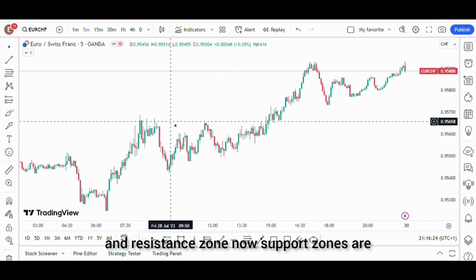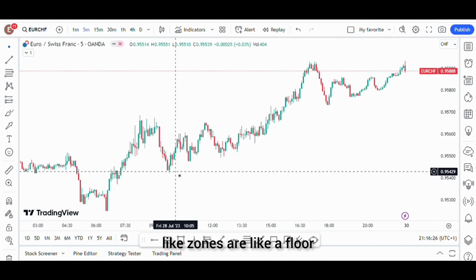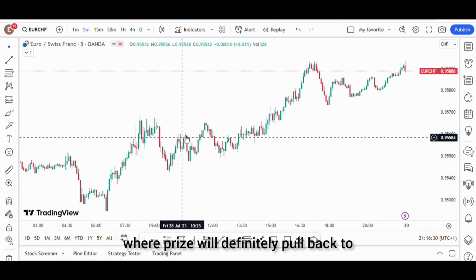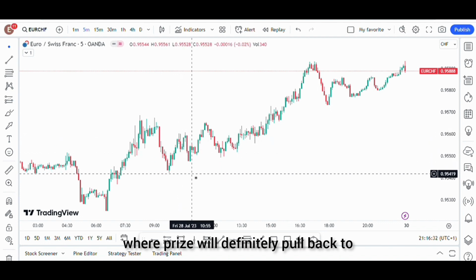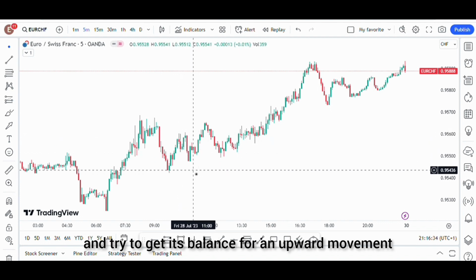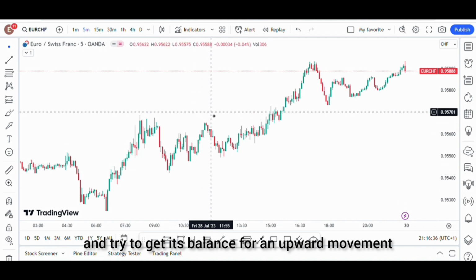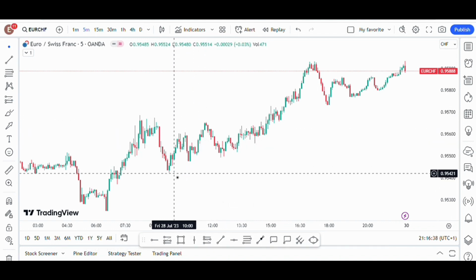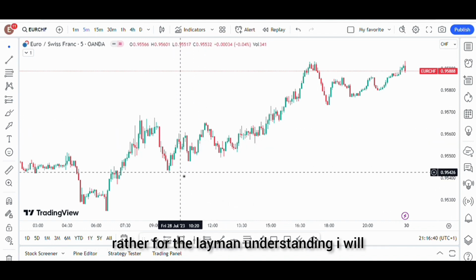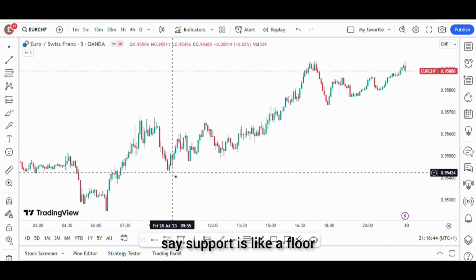Now support zones are like a floor where price will definitely pull back to and try to get its balance for an upward movement. Rather, for the layman's understanding, I will say support is like a floor.